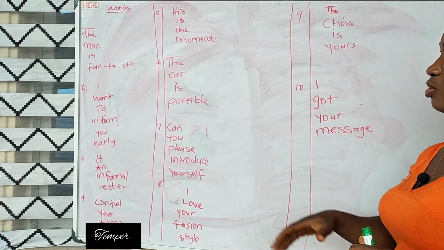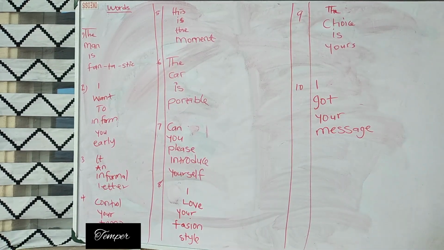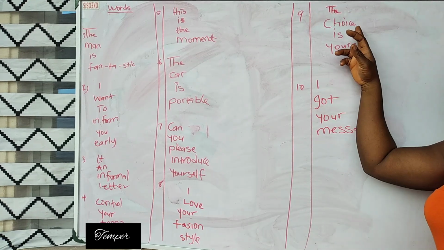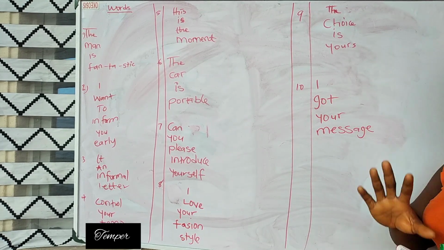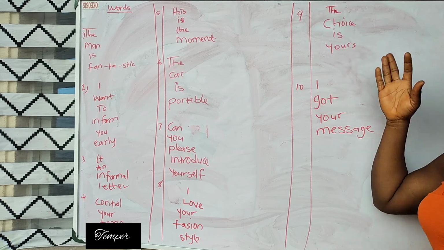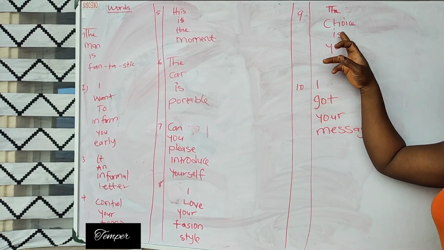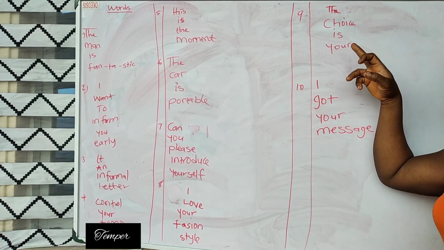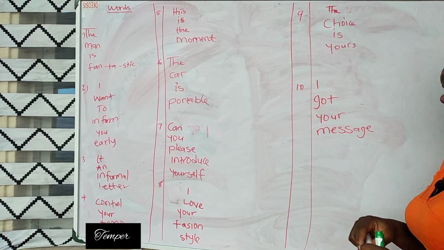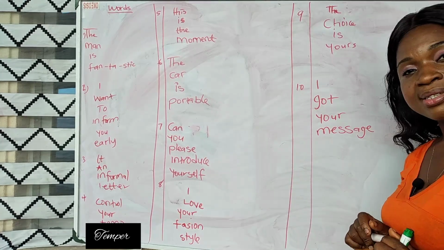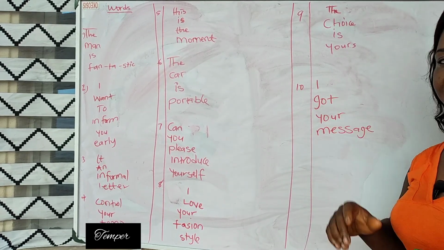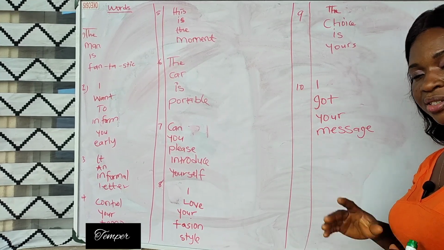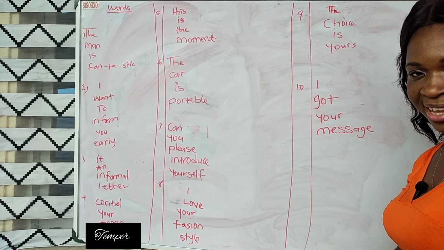So let's proceed to number 9. Right on number 9, I still have the choice is yours. The choice is yours. Are we together? So number 10, I got your message.